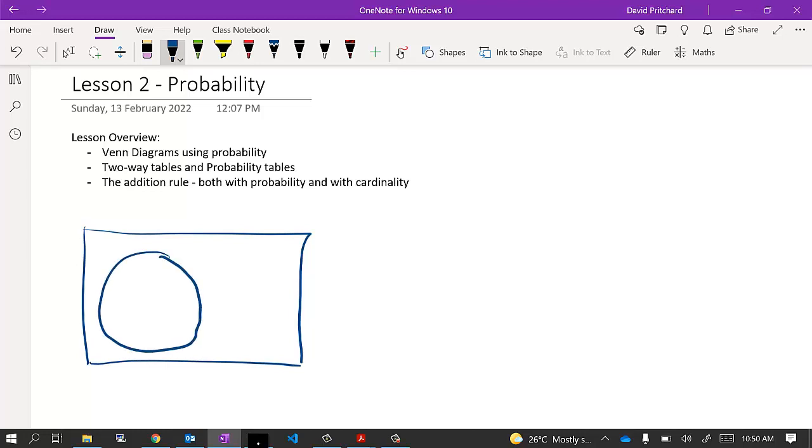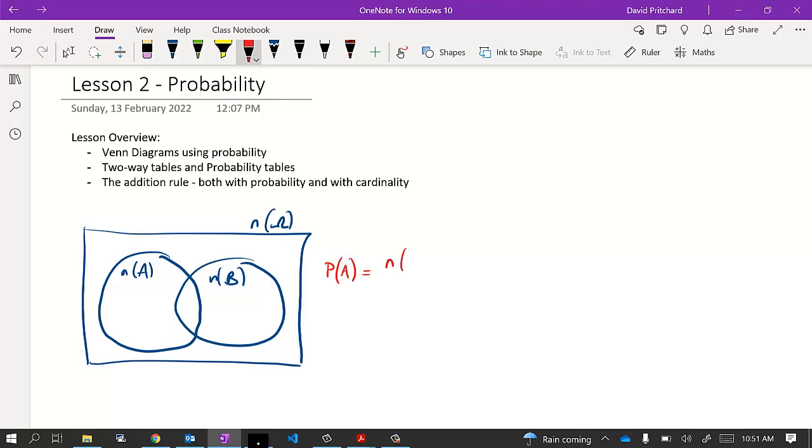So if I set up this Venn diagram using A, B, the number in the universal set, so really this is a number of A and a number of B, then one thing that we can do is recall that in all cases, probability of an event, so let's say probability of A, will be equal to the number of A, so the cardinality of A, how many elements exist in that set A, over the number of the universal set. So number of A over the total number.